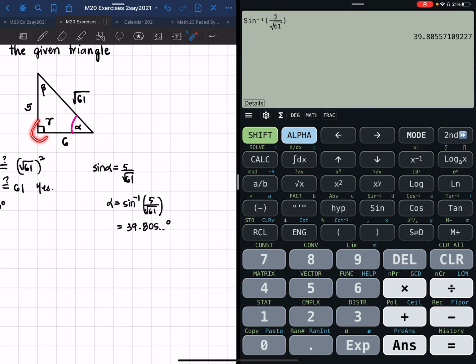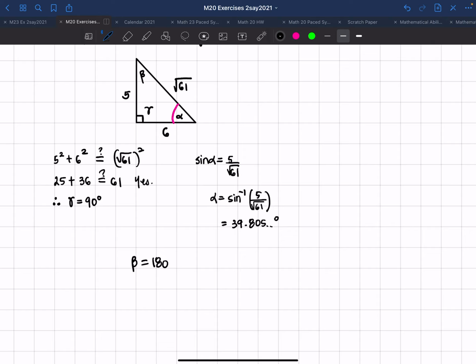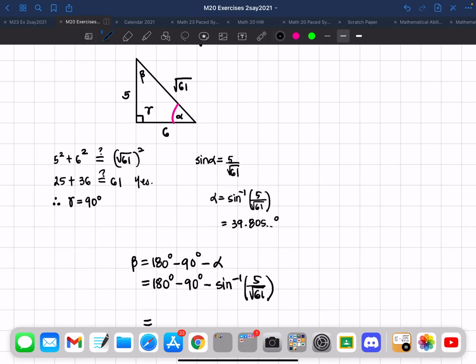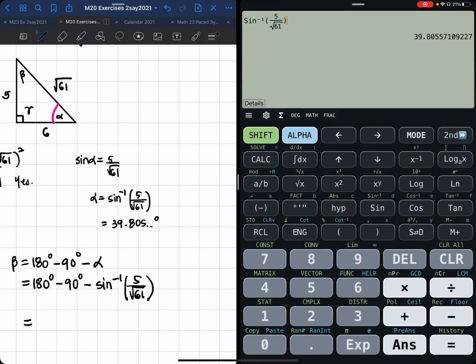So, para makompute nyo yung beta, it's 180 minus 90 minus alpha. So, beta is equal to 180 minus 90 minus alpha, which is the same as, ang alpha natin, sine inverse 5 over square root of 61, which is, yun ikakalkula natin ulit.